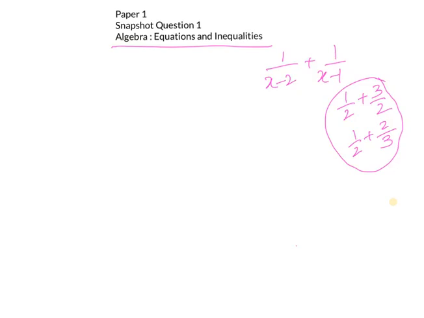Now, the first question that we will come across on question number 1 will be on solving a quadratic equation. A quadratic equation is nothing but a polynomial of degree 2. The highest power of the variable is 2. So we have the standard form of a quadratic.